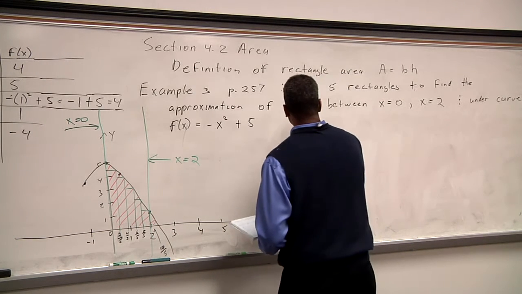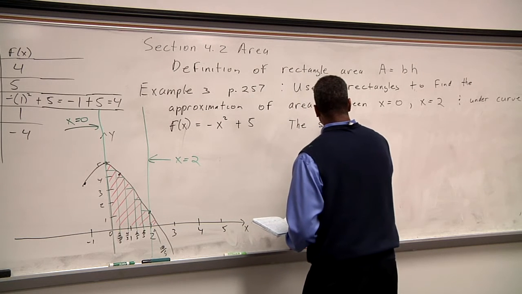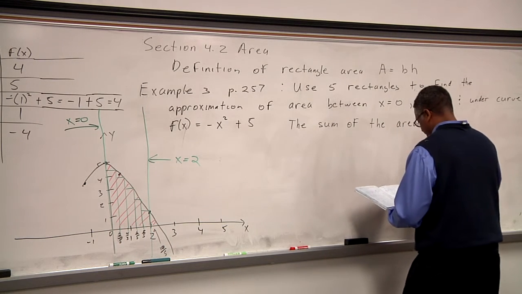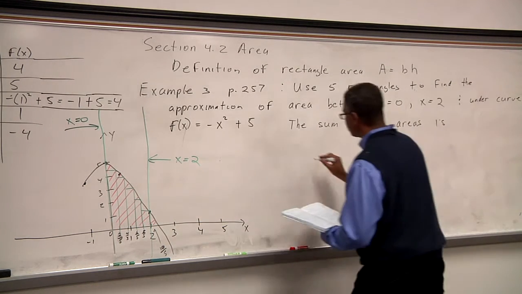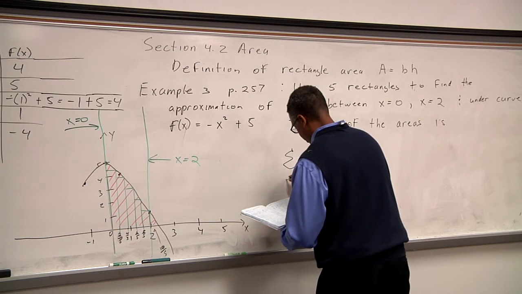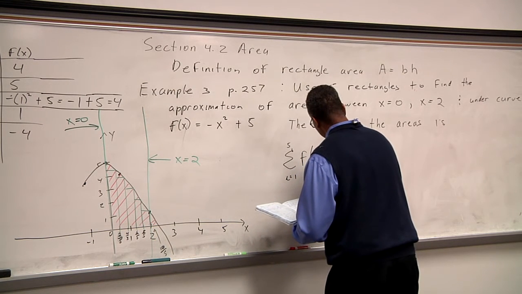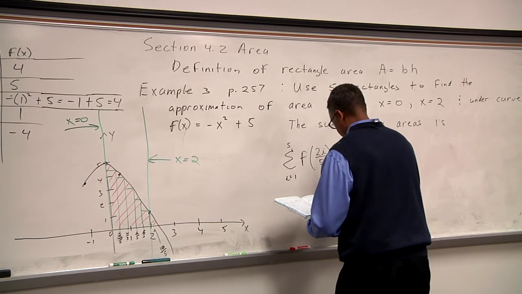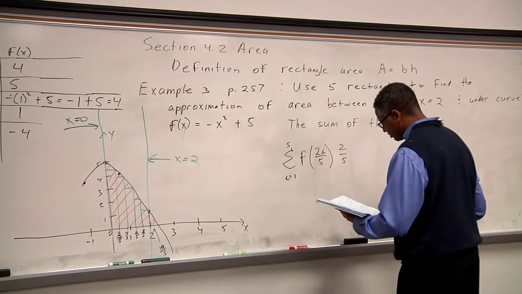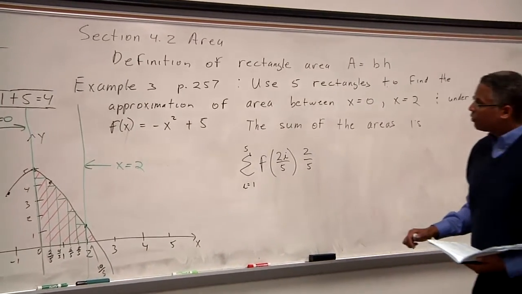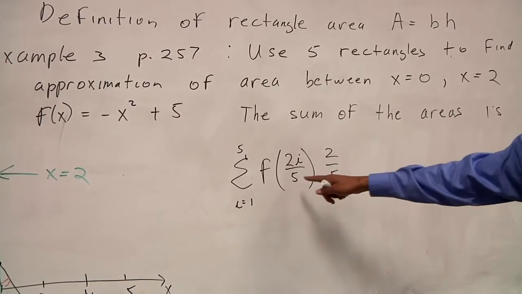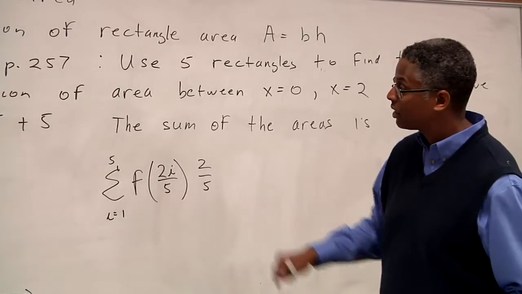So we're going to say the sum of the areas is given by the summation from I equals 1 to 5, f of 2I over 5 times 2 over 5. Okay? And where does 2I over 5 come from? That's the set of the right endpoints, remember? Because we said we're going to evaluate the function at the right endpoints. I said that earlier, okay?